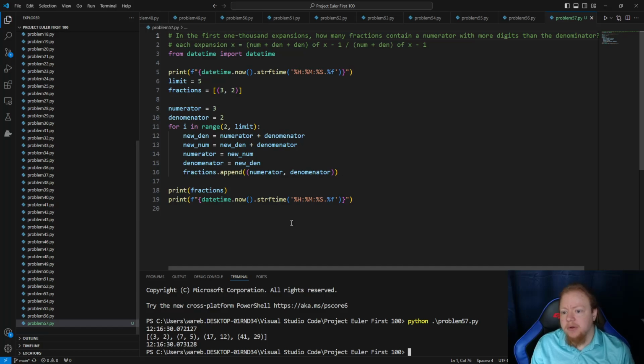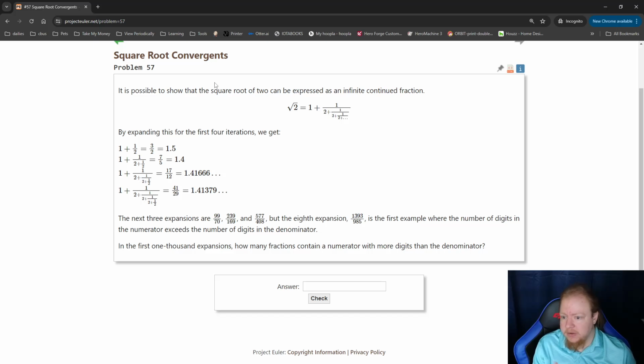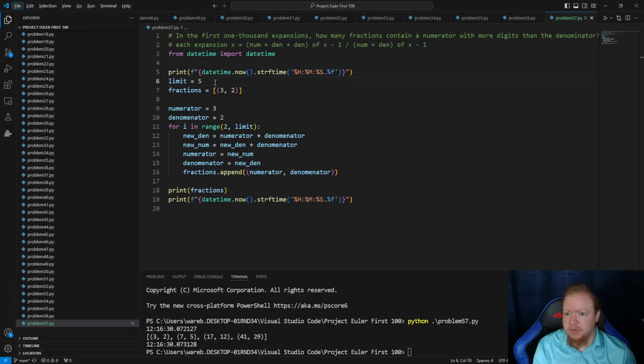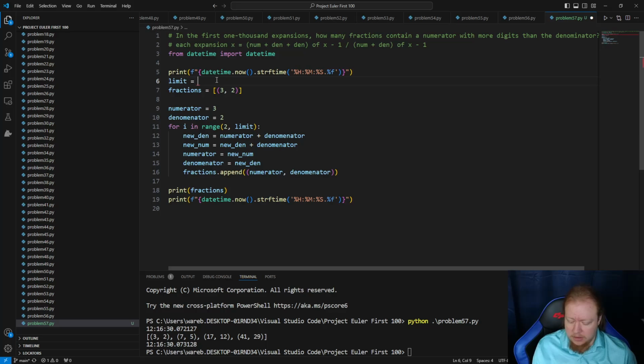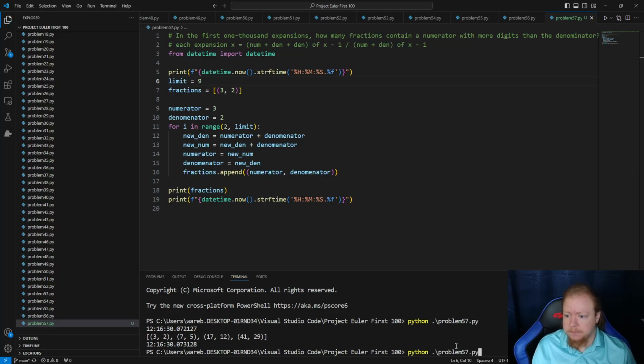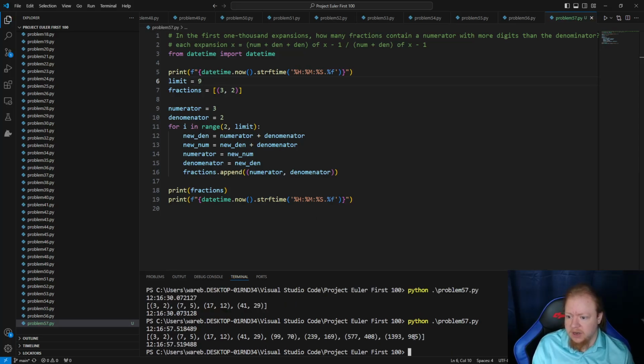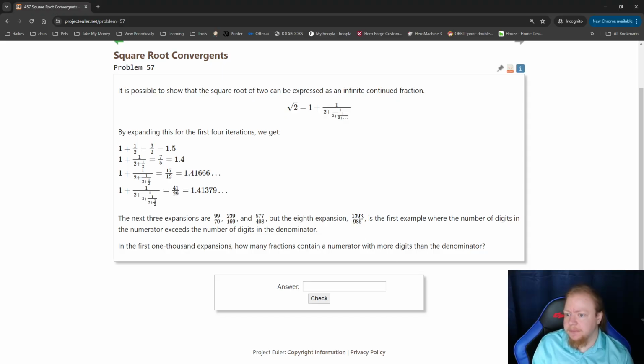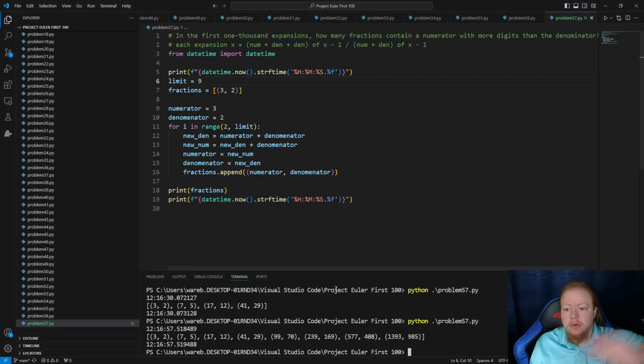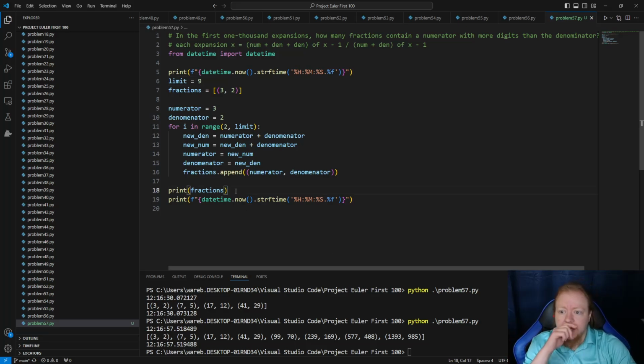There we go. So we're getting the correct answers so far. If I increase the limit to 9, the last one should be 1393 over 985. There we go. Okay, so we're calculating the correct values here.